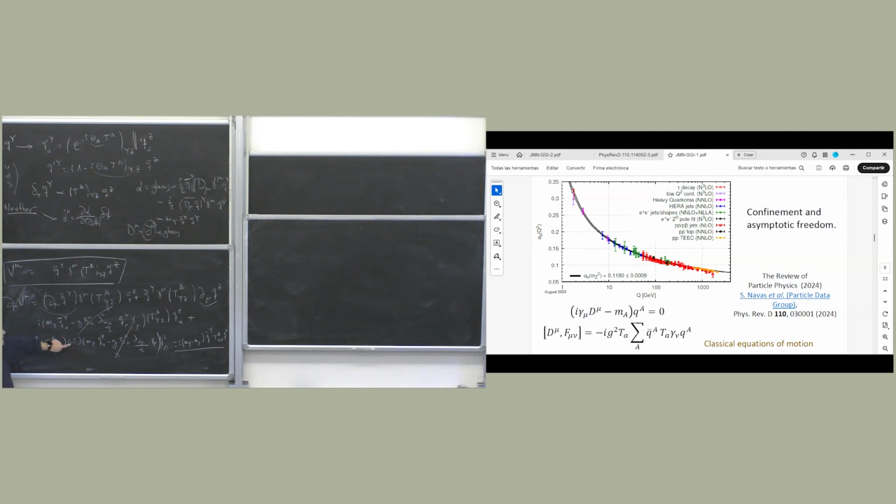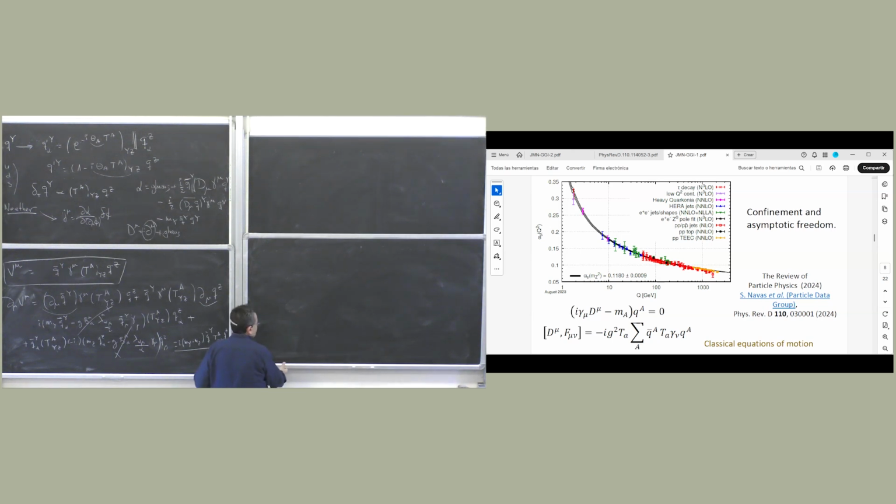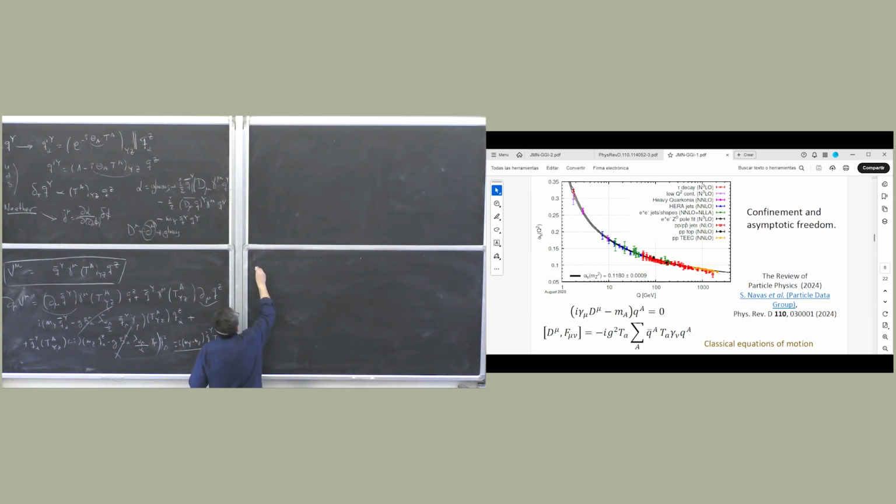And the minus sign comes from, okay, perhaps it's a good idea to check. If the equation of motion is i gamma mu d mu minus m_a q_a equals 0, then what you have is q dagger.